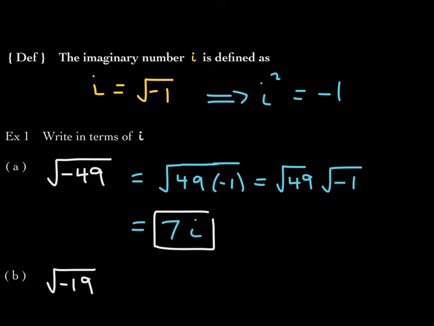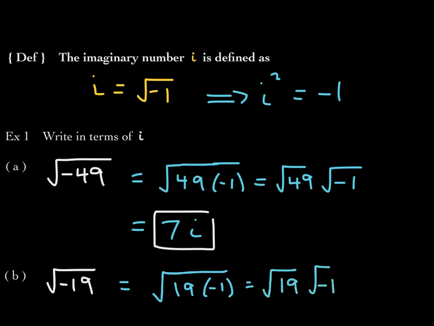The next one is the square root of -19. Now, again, I'll use the product rule for radicals. I won't show my work like this all the time, but just because we're getting started, I'm going to take it step by step here. So I've used the product rule to rewrite this as the square root of 19 times the square root of -1.